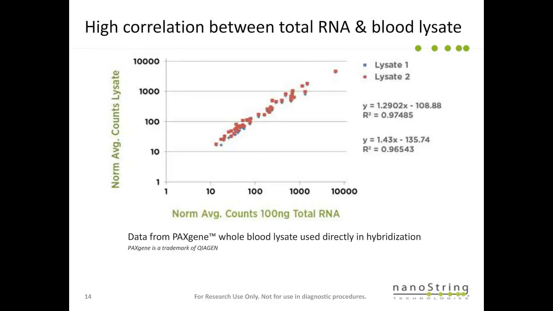This slide shows you the flexibility of sample input that the nCounter system can take. This is a plot between 100 nanograms of purified total RNA on one axis and the blood lysate on the other. It shows that the direct cell lysate and the purified RNA have very good correlation in counts for all the genes being analyzed here.